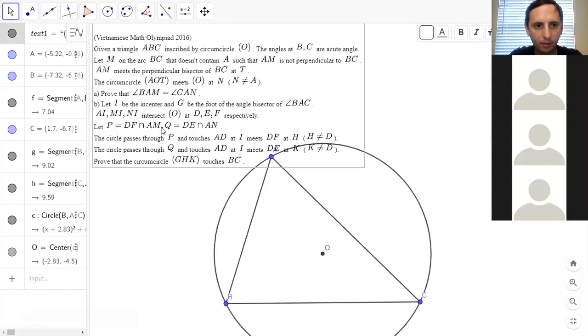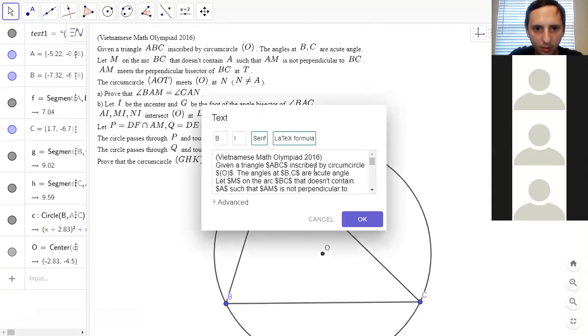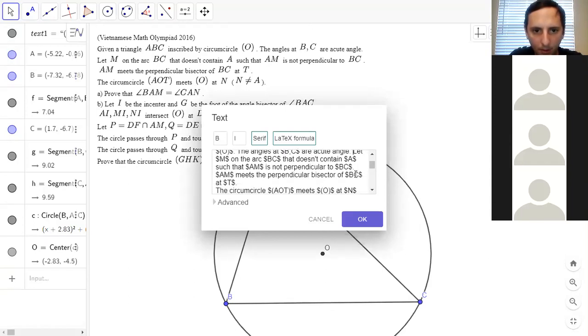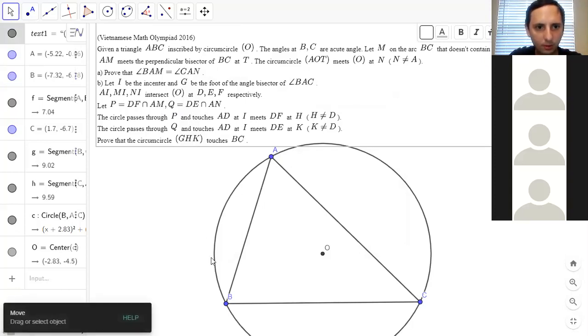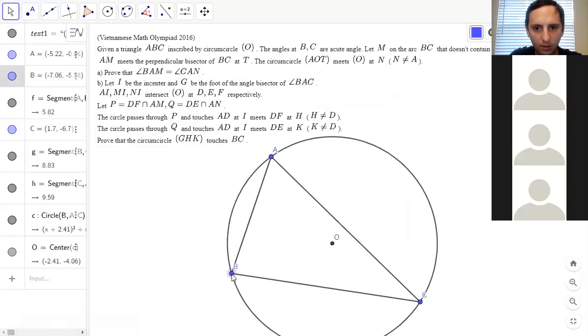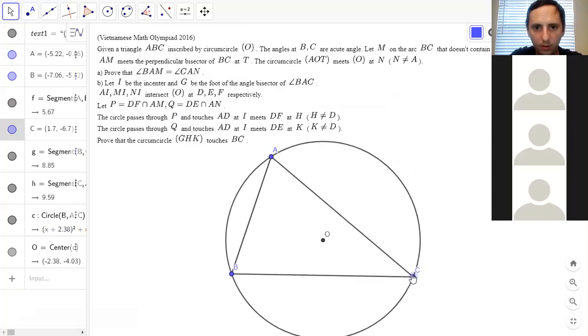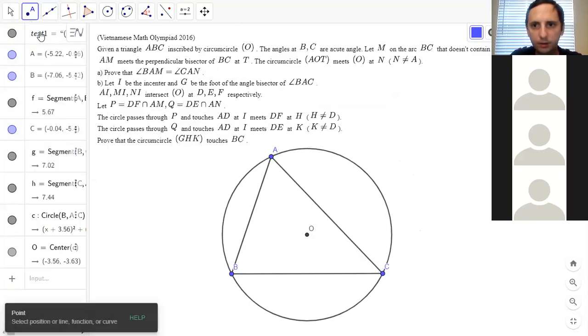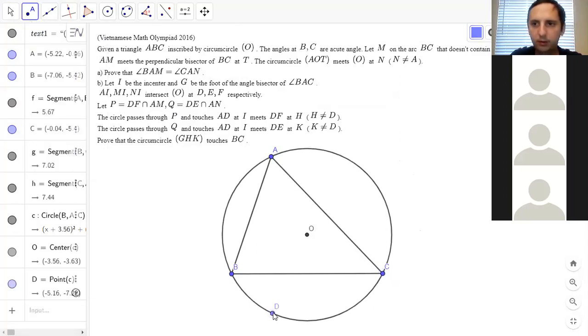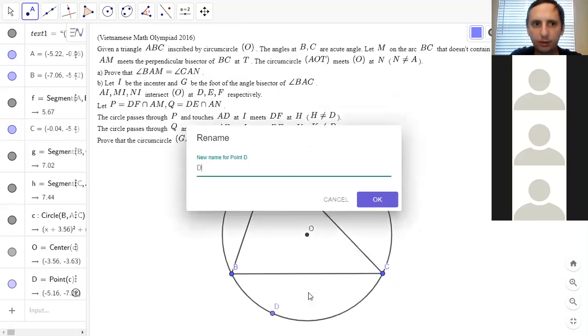Let me make this a little bit more condensed. Maybe like this. That'll give me some more room. Okay. So M is like any point on this arc so that AM isn't perpendicular to BC.